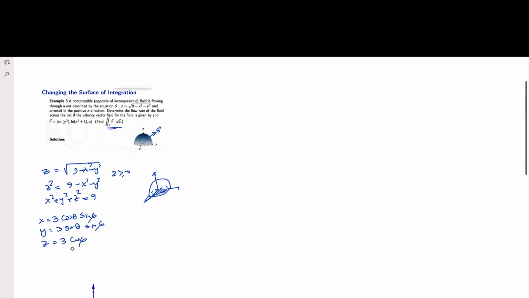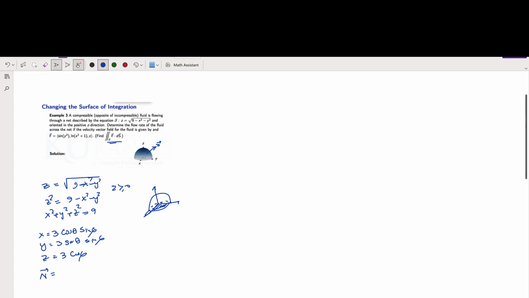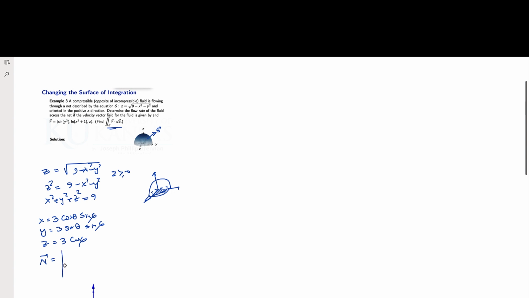Then I can find n, and n, as usual, is going to be equal to, I can either do i, j, k with a plus or a minus, and compute, if this is, let's say, g, I can compute plus or minus g sub phi cross g sub theta, or g sub theta cross g sub phi.